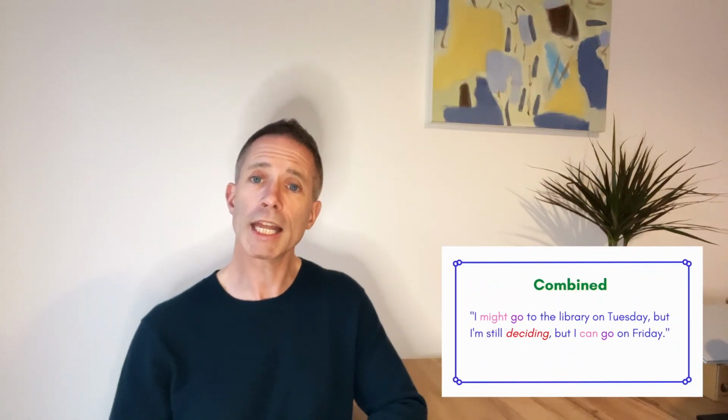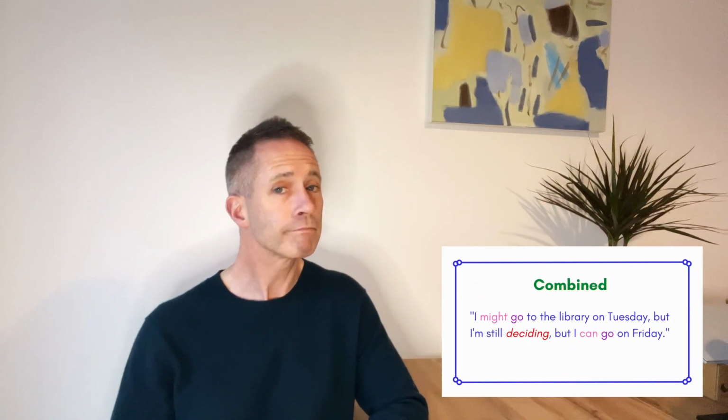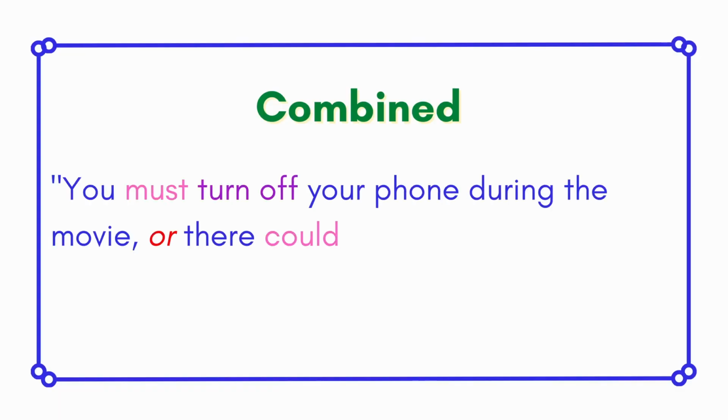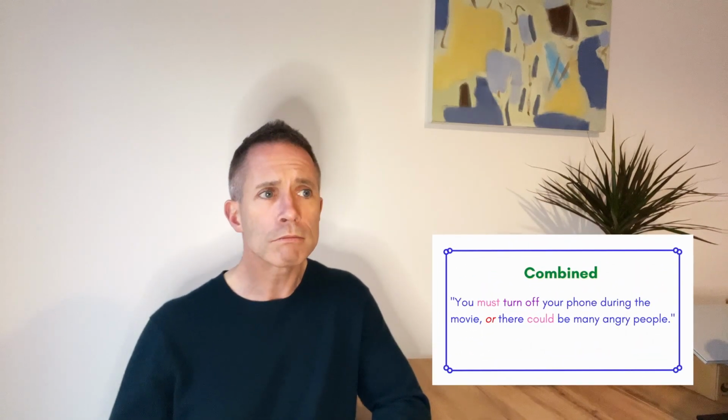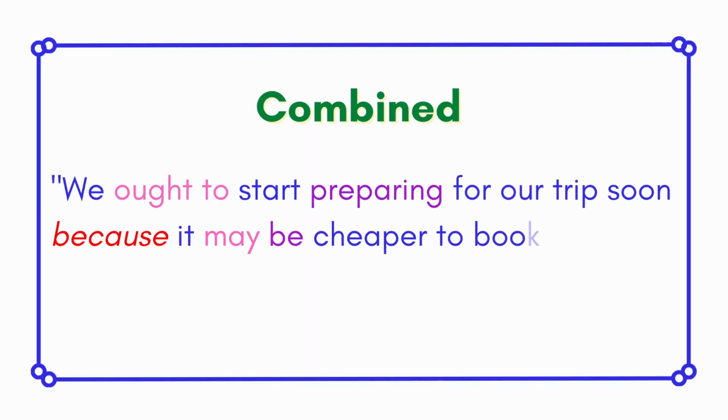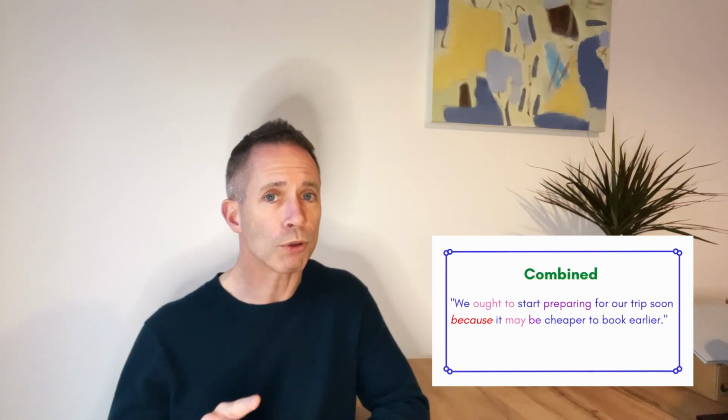But I can go on Friday. Number 2. You must turn off your phone during the movie, or there could be many angry people. 3. We ought to start preparing for our trip soon because it may be cheaper to book earlier.